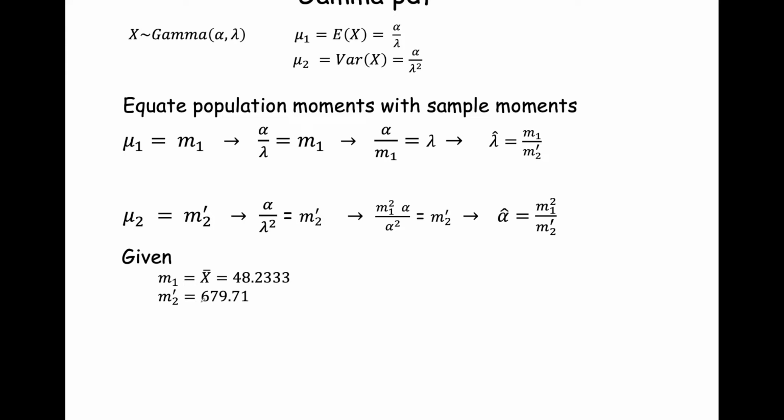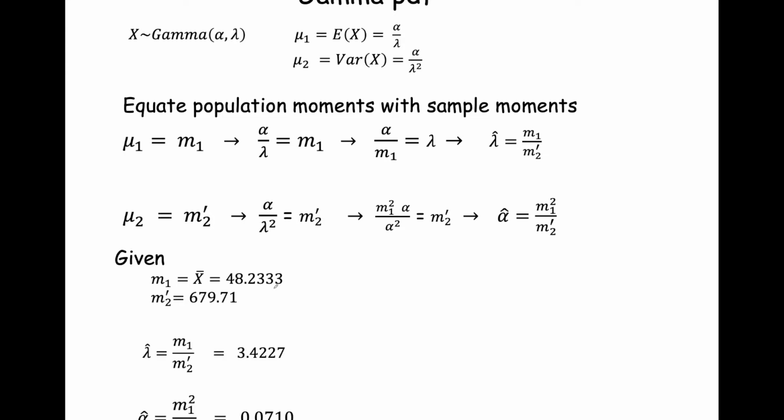M2 prime, we knew what that value was, 679 and change. So now we can actually find values for lambda hat and alpha hat, right? Well, lambda hat is M1 over M2 prime. So if we divide 48 and change by the 679 and change, we get 3.4 and change. And then alpha hat is M1 squared over M2 prime.